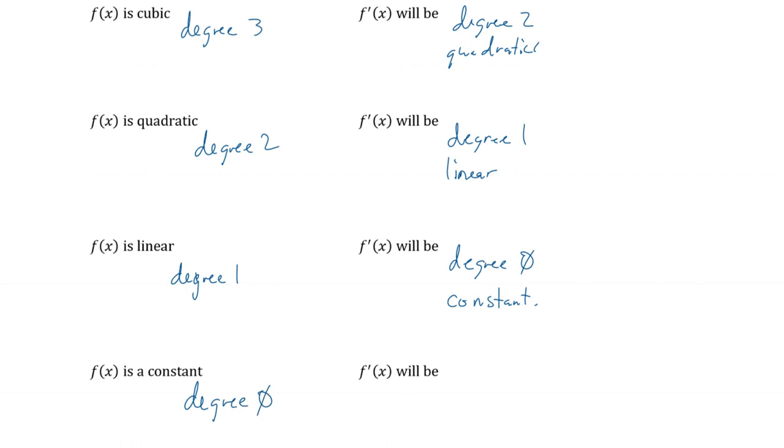Ibrahim? 0. Yeah, will be equal to 0. What's the degree of that? Negative 1? No. Degree is undefined, we call that. You don't need to know this. I'm not going to ask these questions on a test, but undefined. Okay?